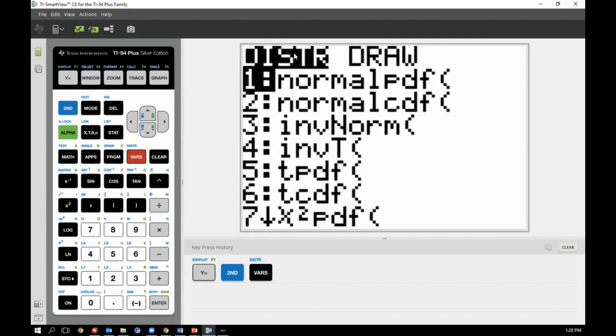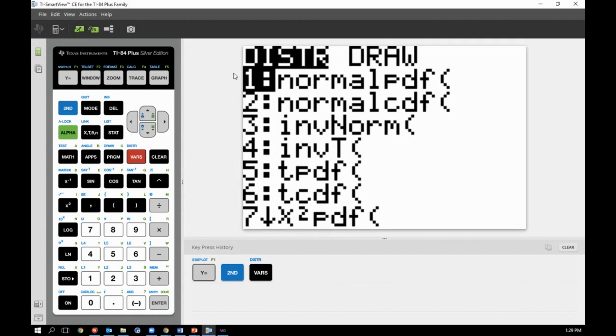And it brings up your distribution menu. And if you're already kind of lost, the buttons that I've pushed so far are actually down here. If you're behind, the buttons pop up as I push them.